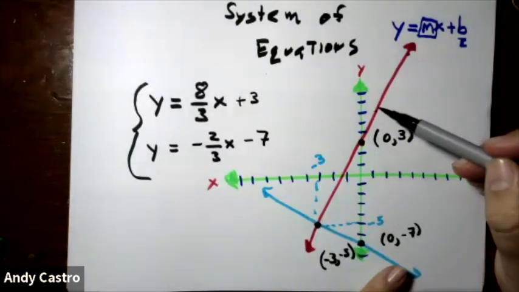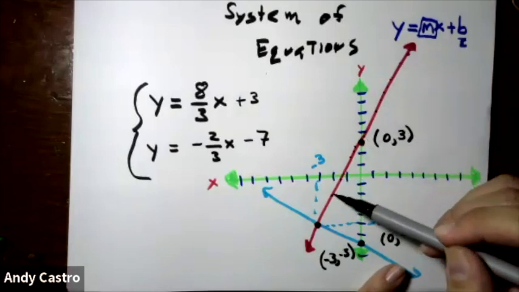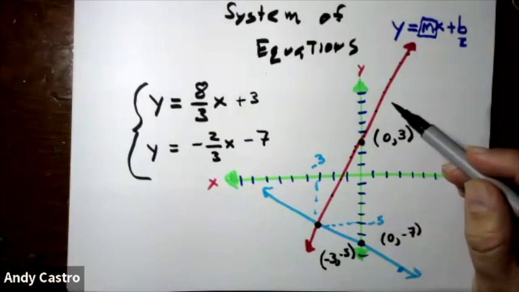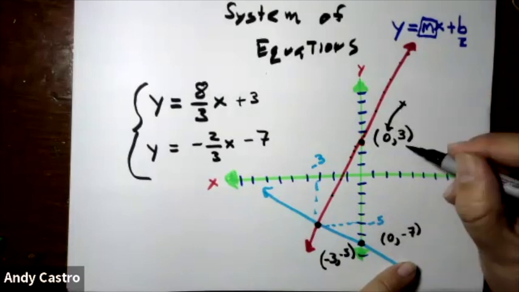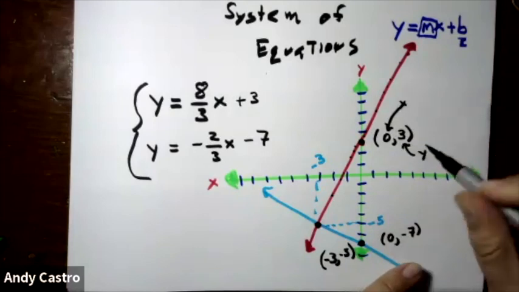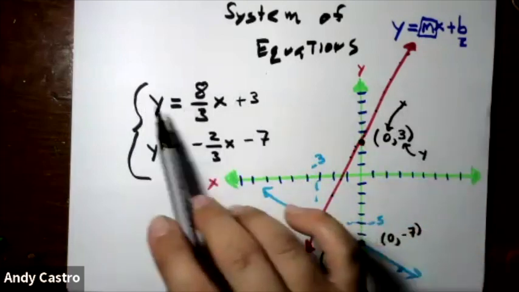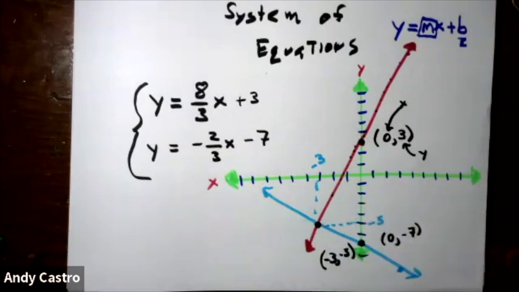We could pick any point on the red line that's not on the blue line and figure out what that ordered pair is. But what you would have is an x value and a y value that will work if we plug it into the equation that represents this line.